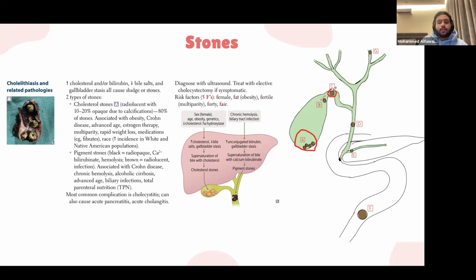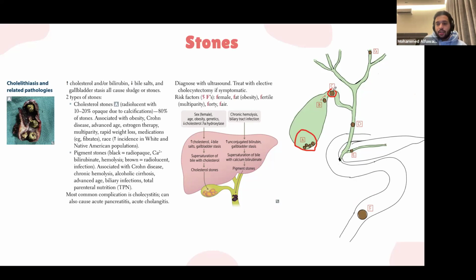Murphy's sign. Murphy's sign is you ask the patient to inhale. What will inhalation do? The diaphragm will push the gallbladder down, so it's more palpable. And of course, it's painful in cholecystitis, so the patient will arrest inspiration. They'll stop inspiration. That's Murphy's sign. The pain in cholecystitis will radiate to the right shoulder or the right scapular region in the back, okay?